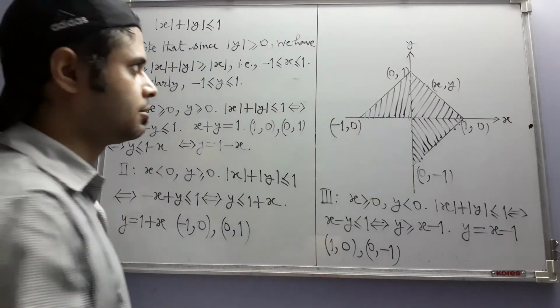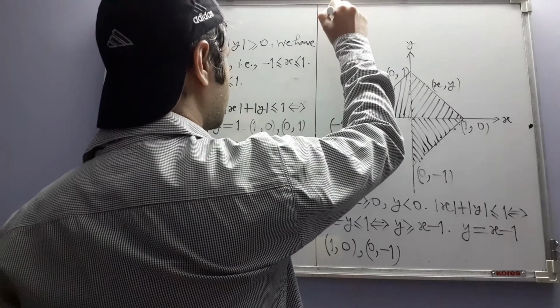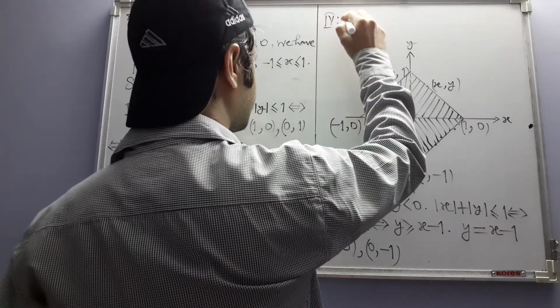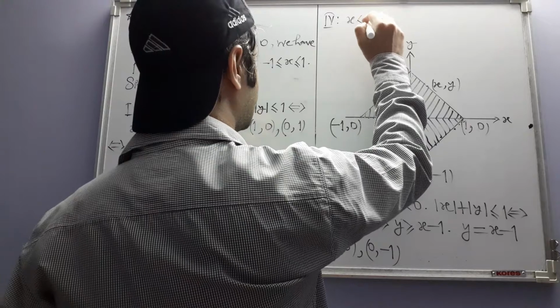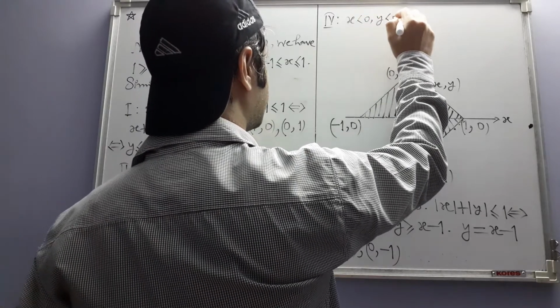And like that you can pretty much understand what the fourth one is going to be, where both x and y are negative.